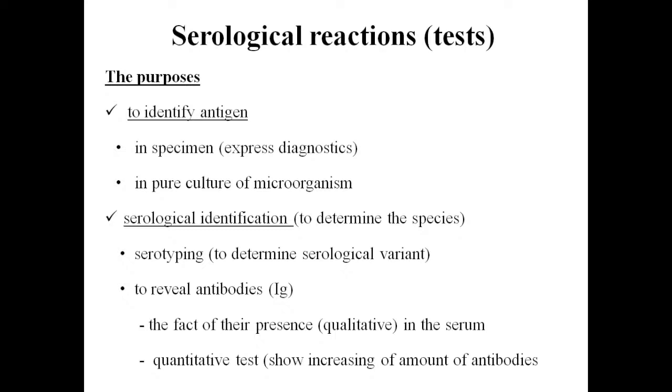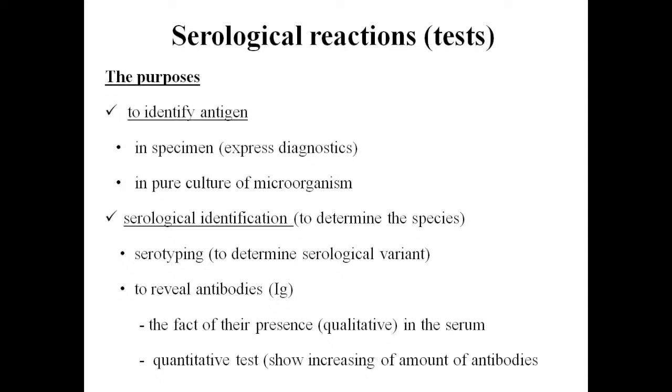We know that in E. coli there are more than 170 serological variants. Or, for example, in Leptospira interrogans, which causes leptospirosis, there are more than 200 different serological variants. One species includes different serological variants that are distinguished in structure of lipopolysaccharide of cell wall.